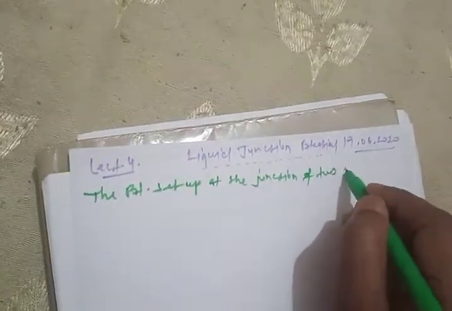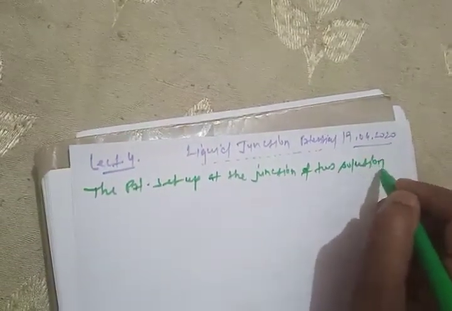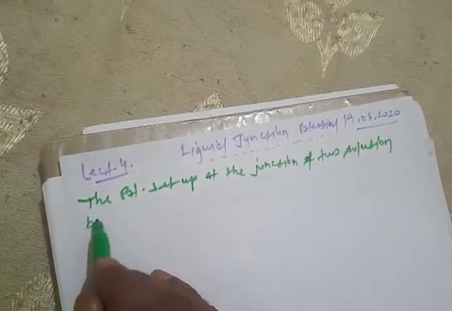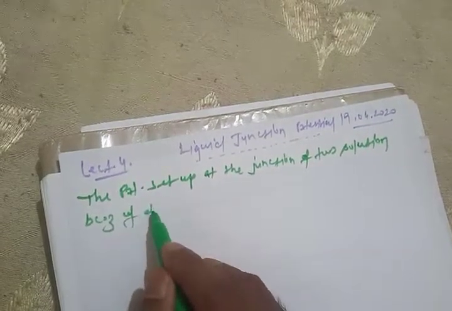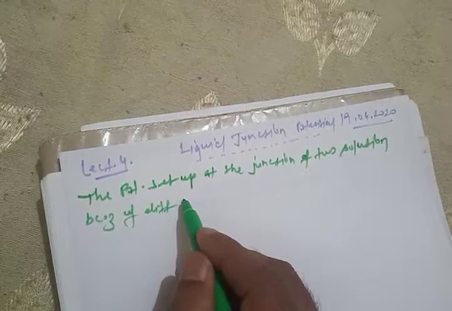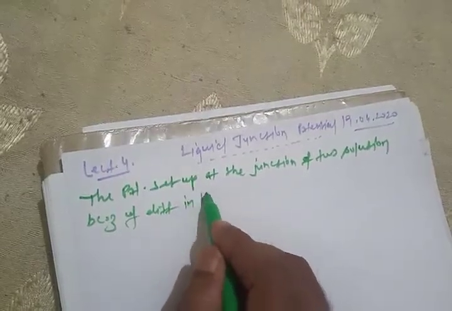The potential set up at the junction of two solutions, because of the difference in the speed of the ions moving.